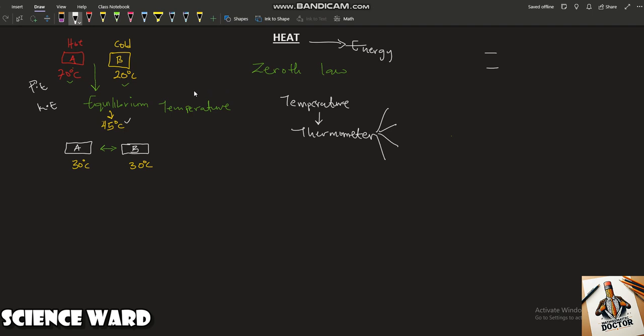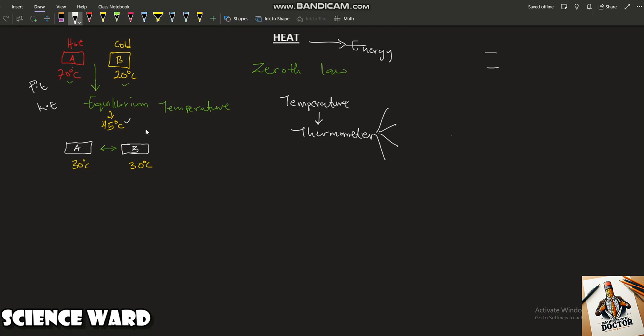And we talked about the zeroth law, which is a law that can be understood as the reason why energy should flow from one object A to another object B. Talking about the temperature, what will be the definition of temperature?